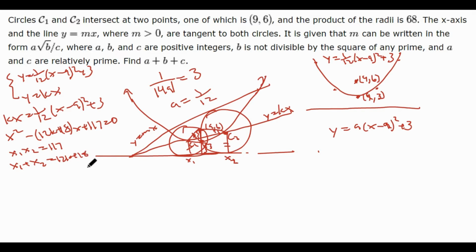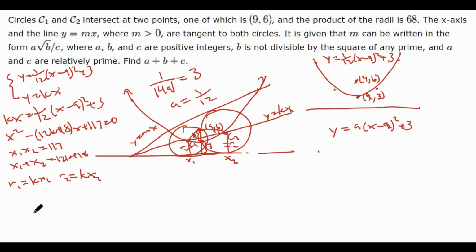Second thing we know from using the line y equals kx, let's first suppose that this length is r1 and this length is r2, is that r1 equals kx1 and r2 equals kx2, because that's what you get when you plug in these coordinates in the y equals kx line.